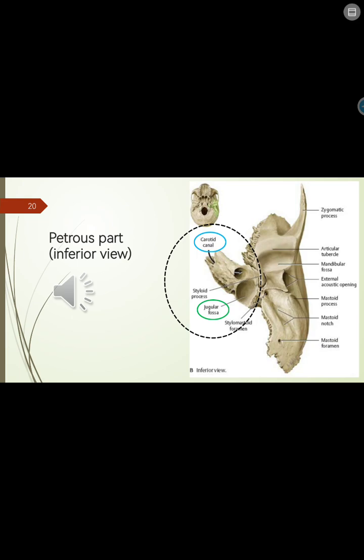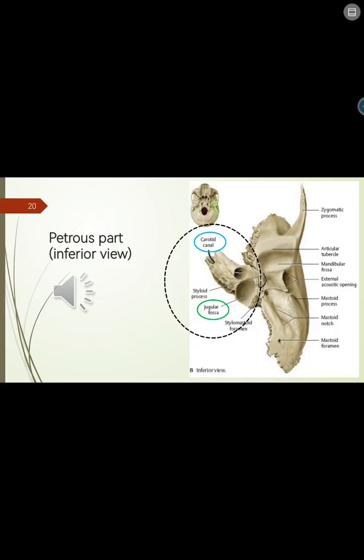The inferior surface of the petrous part is irregular and is a part of the exterior of the cranial base, or when we see the cranial base inferiorly, we can see the inferior surface of the petrous part.